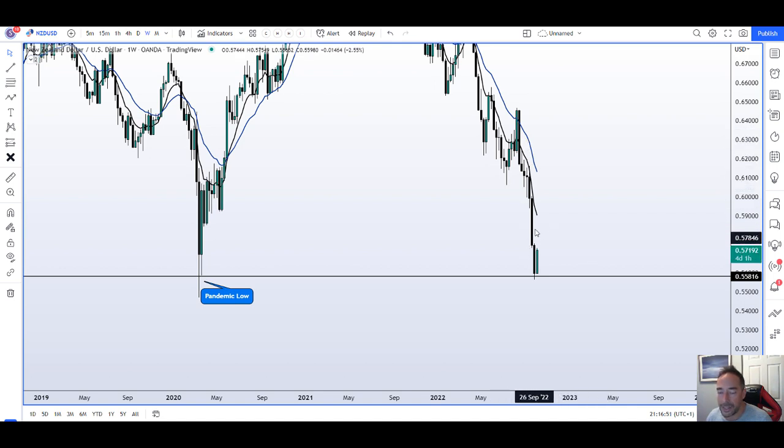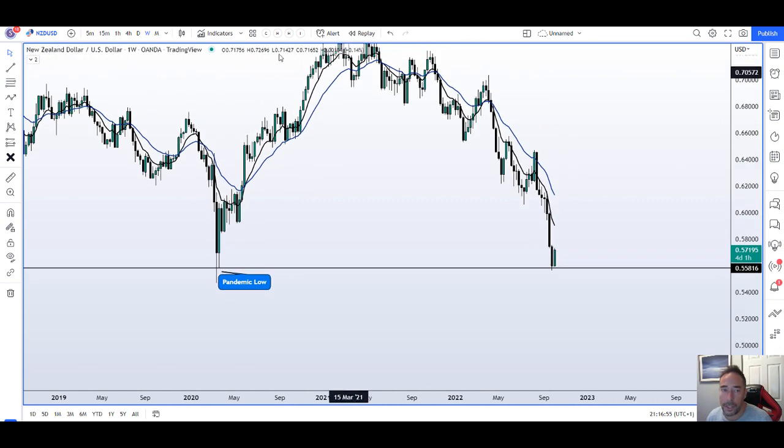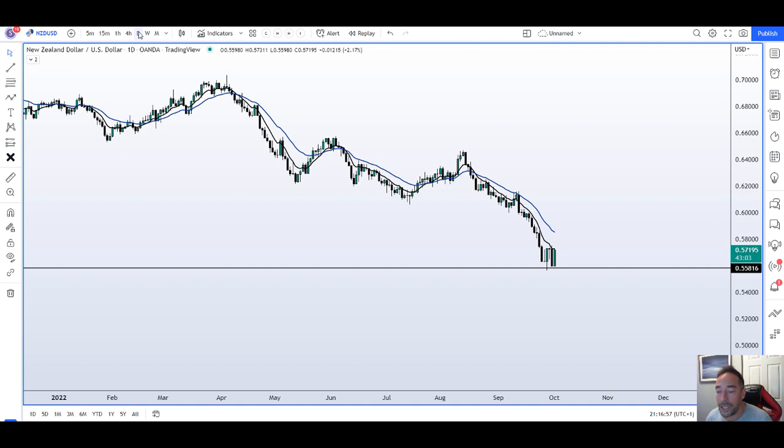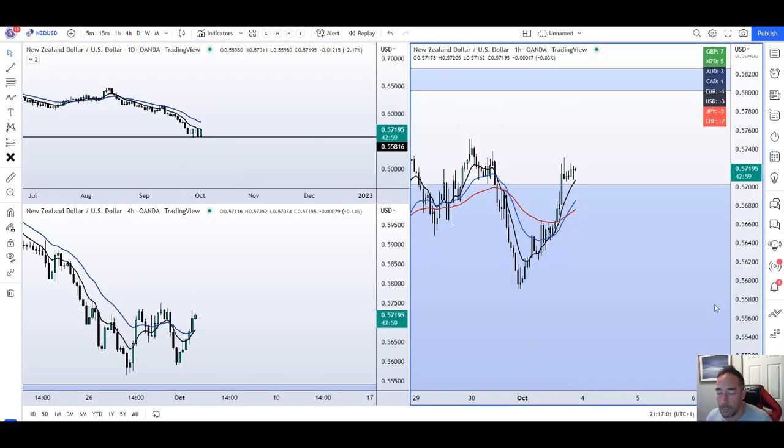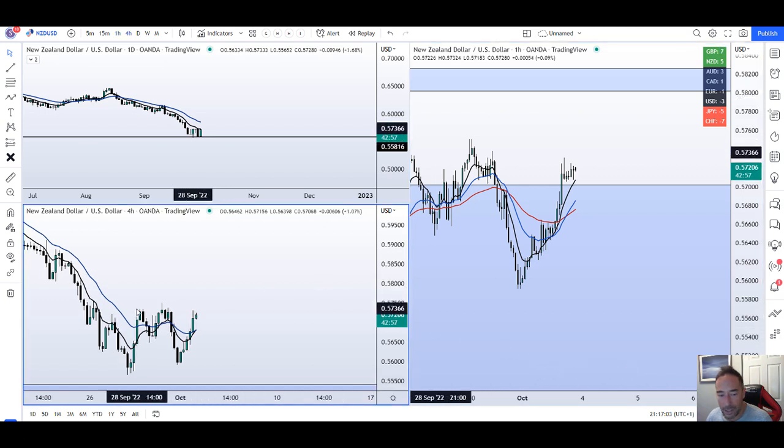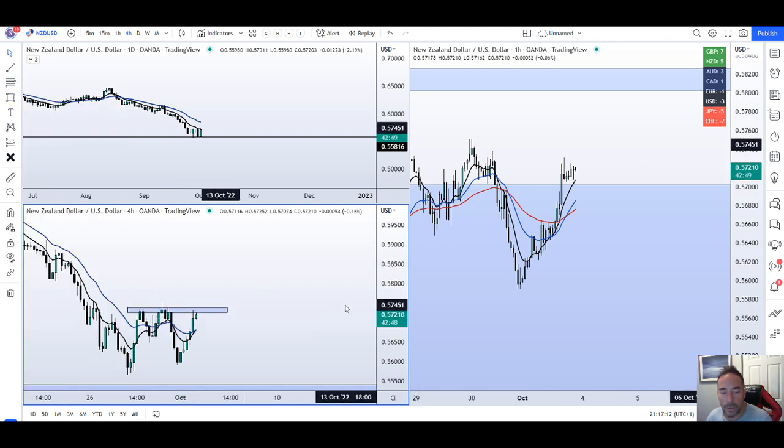So it would make sense to see some correction anyway towards the weekly moving averages. So Kiwi USD, for me, intraday trades along with pullbacks. Again, you've got a little bit of a zone here of resistance where it'd be preferable to see price break above there, make new highs, and then look for your first correction, first pullback.